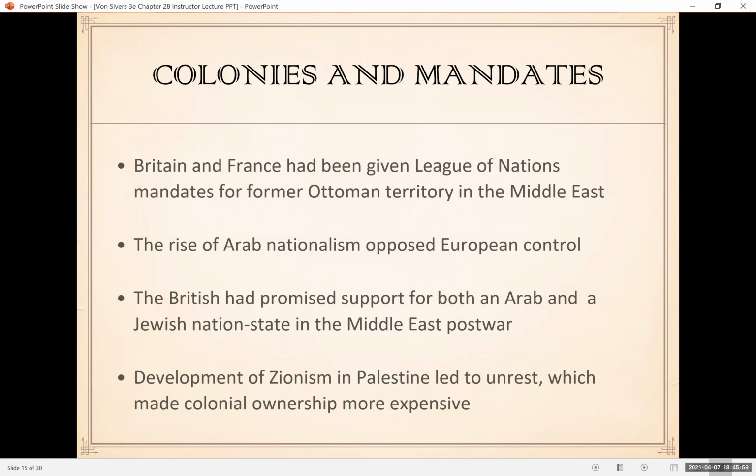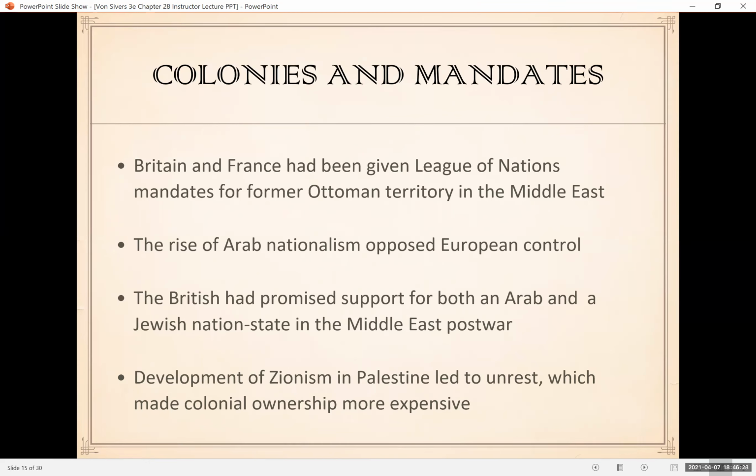It will lose those. Britain and France will move in to basically stabilize those areas. But we will see a rise of Arab nationalism that will not want the British and French colonial implications there.